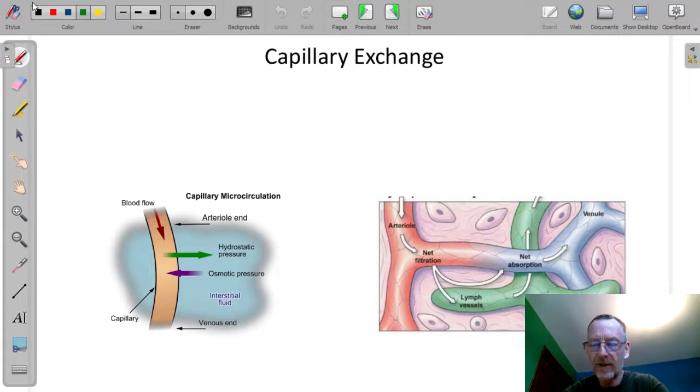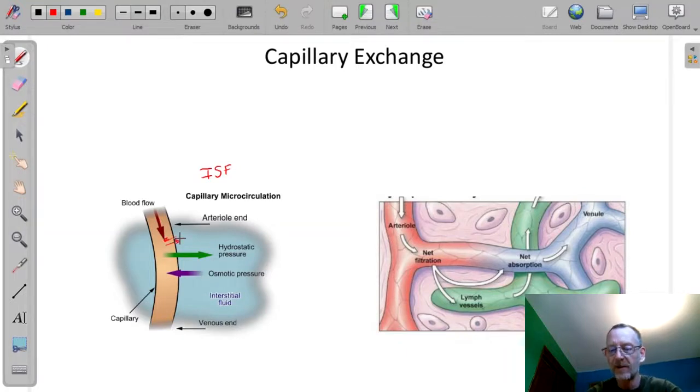So for capillary exchange, we've already gone over this basic idea. This is the blood flow on the right, and this is the interstitial fluid. It's just the exchange back and forth across the capillary wall.